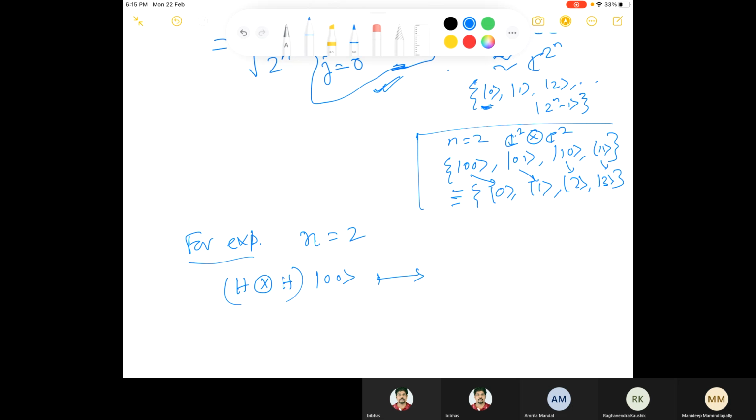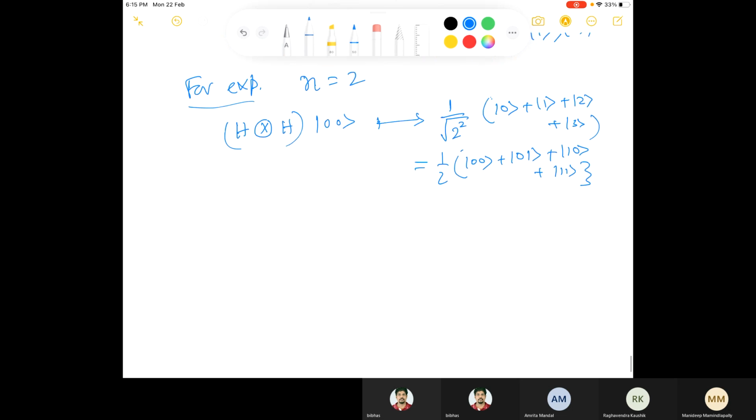Then what you get here is 1 by 2 to the power n, which is 2, so 1 by 4. In fact, it is half, and then it is 0 plus 1 plus 2 plus 3. Otherwise, you can also write this as half of 0, 0 plus 0, 1 plus 1, 0 plus 1, 1. But you see, there are 4 elements.